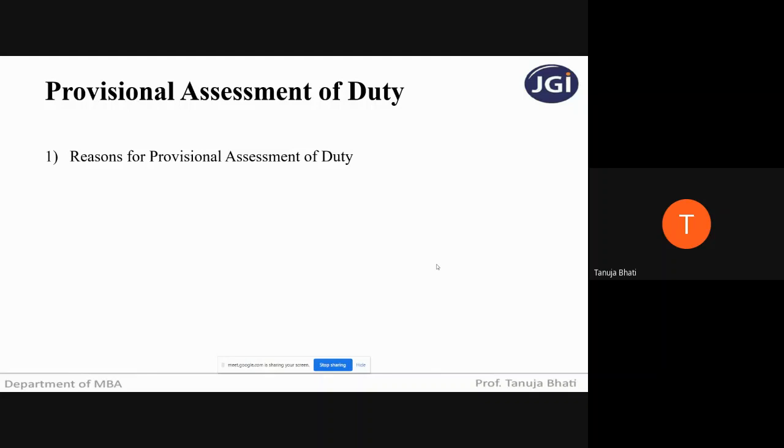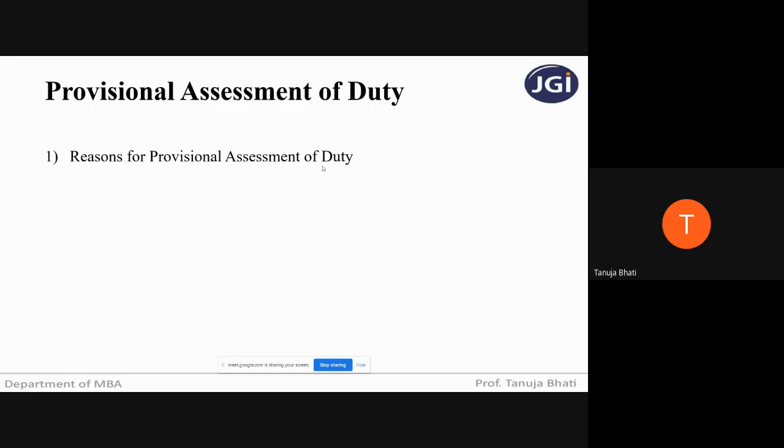Now, there are certain reasons, or certain conditions, why the importer may opt for provisional assessment of duty. Self-assessment is usually done, but the importer may opt for provisional assessment. What are the reasons? Let us understand.